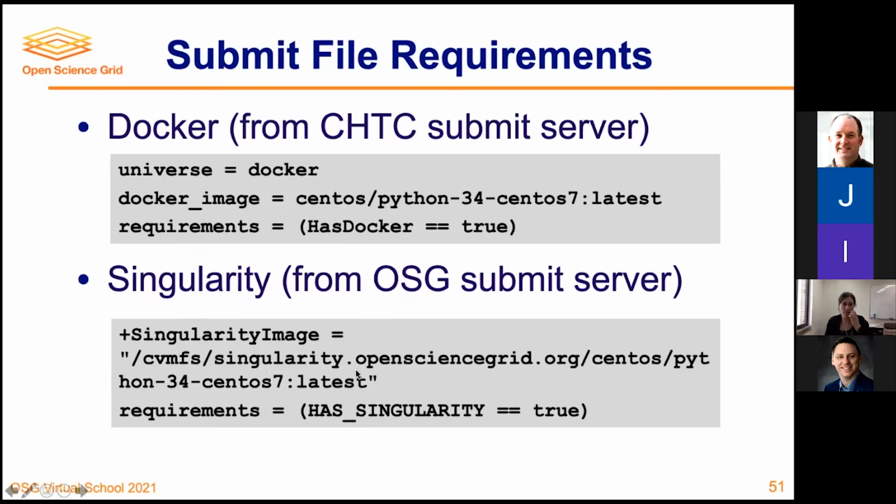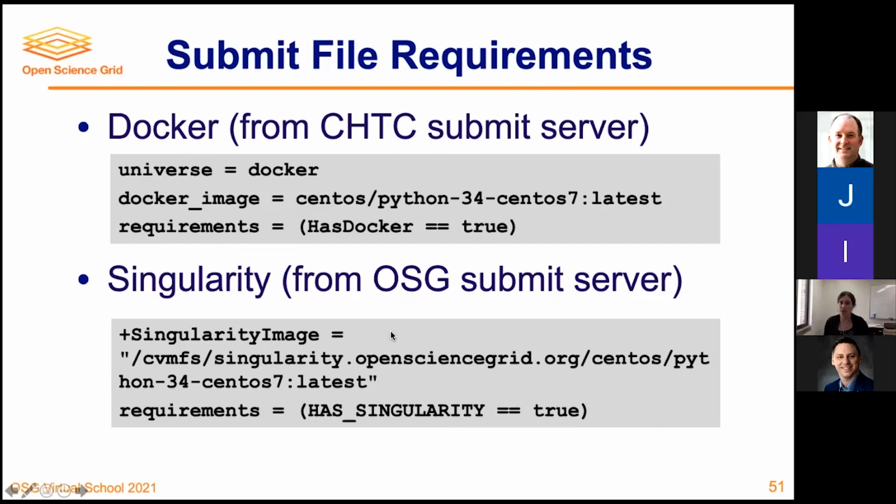For Singularity on the OSG, we have our own repository of Singularity images. Requirements: this is where we're saying, in order for this job to run, because it's using a Docker container, I need to run on a computer that has Docker or has Singularity. So those are sort of analogous options. But these are the only options you need to set.